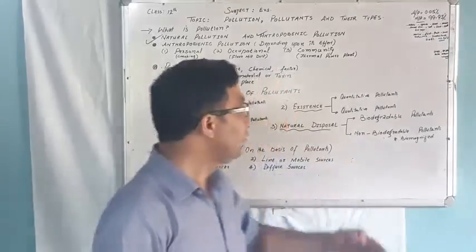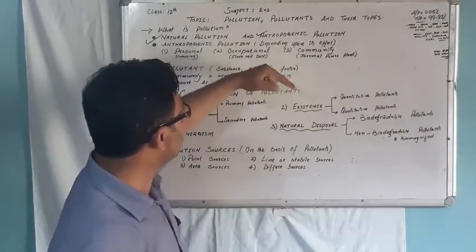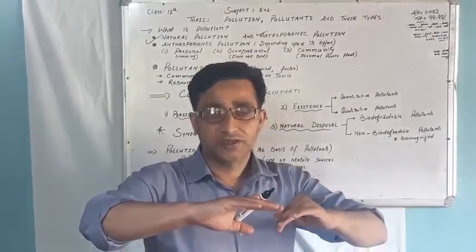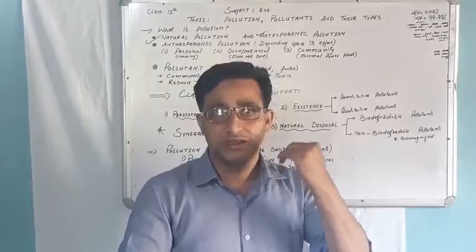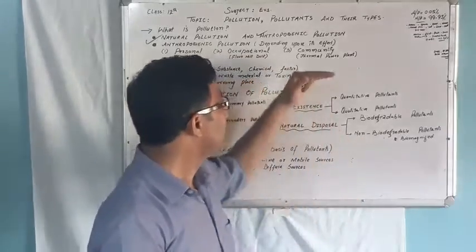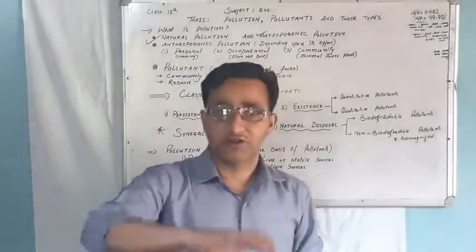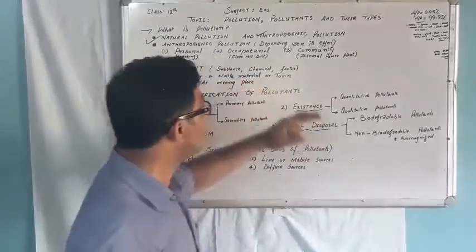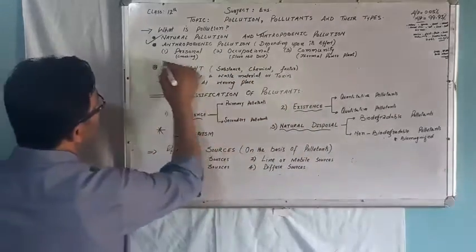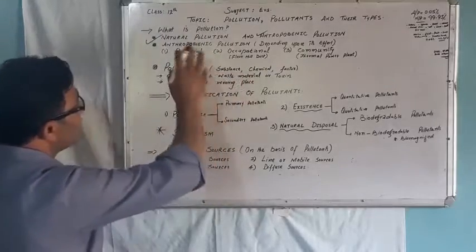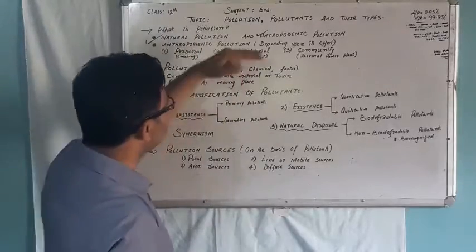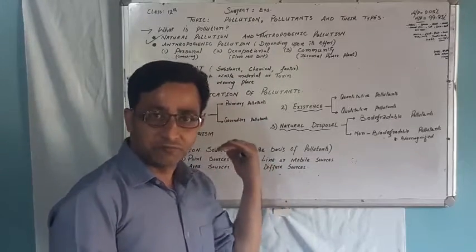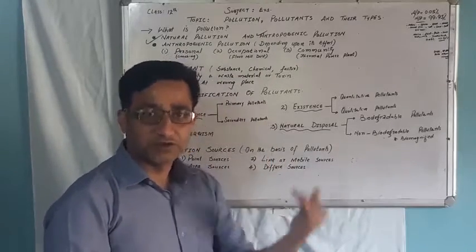This is how we can see the different categories of anthropogenic pollution. So this is regarding what pollution is, what its types are, and what the subtypes of anthropogenic pollution are.